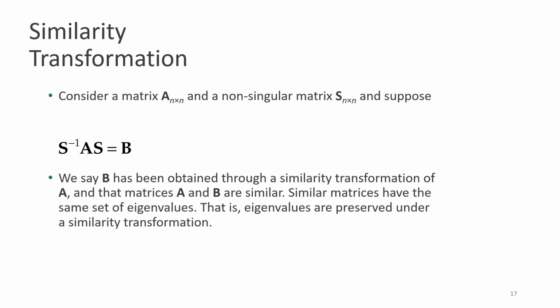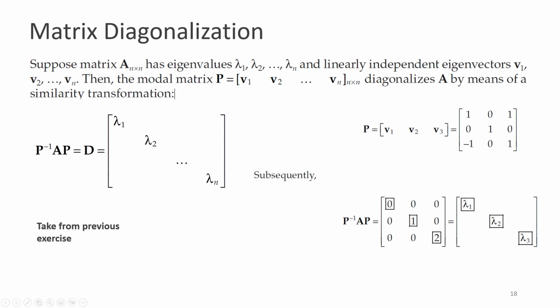Similar matrices have the same set of eigenvalues, so A and B will have the same set of eigenvalues under this similarity transformation.